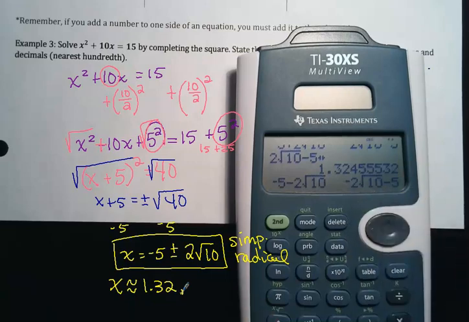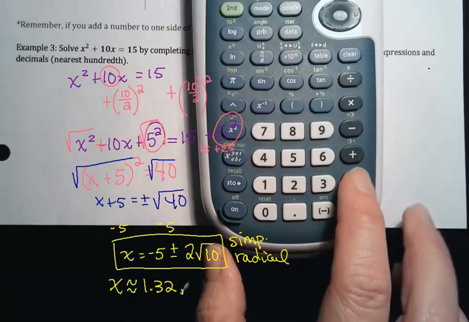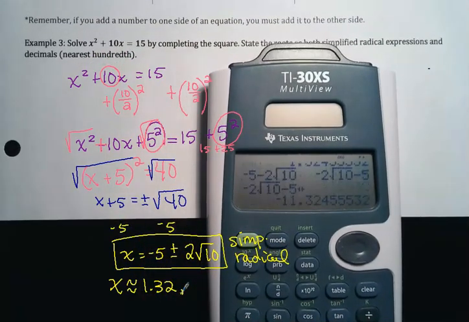It's not how we generally write it. And then you want to hit that toggle button right here, and it will give you the decimal. So that decimal is negative 11.32. Okay, and that's how we get the decimals.